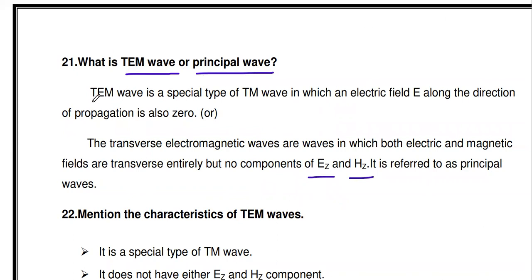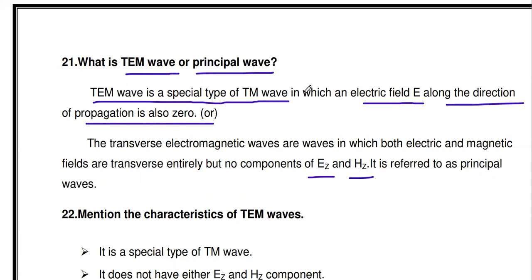Okay, so you know TEM wave is a special type of transverse magnetic wave, in which the electric field strength along the direction of propagation is also 0. Already you know TM wave means HZ component is 0. So it is a special type of TM wave in which the electric field strength is also 0.